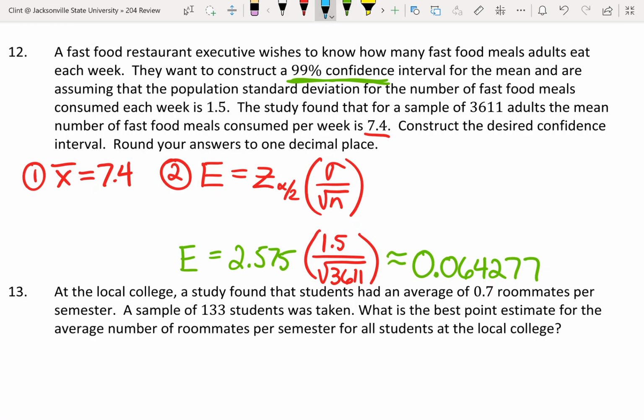We take our point estimate and subtract the margin of error. Take our point estimate and add the margin of error. So when we subtract 7.4 minus 0.064277, we get 7.335 something. It says round to one decimal place, so 7.3. And then 7.4 plus 0.064277. That one rounds to 7.5.